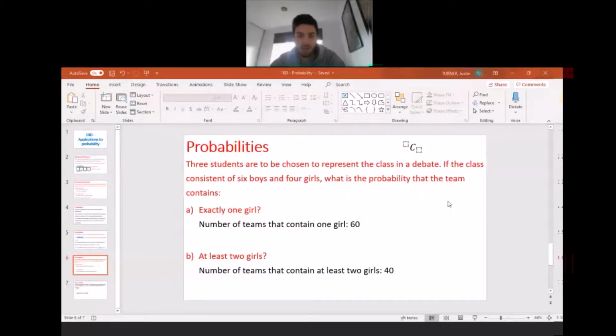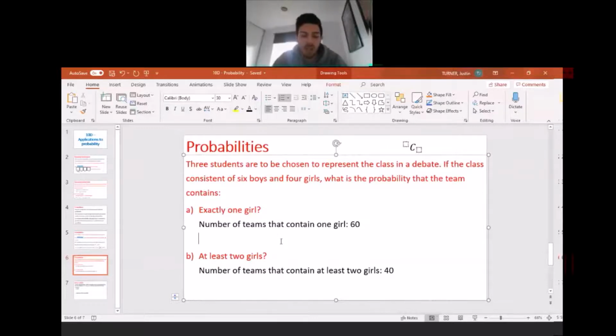Now, coming back to what we just did before, we knew that the number of teams that contain exactly one girl was 60. We worked that out. Let's say we want to find the probability that the team you chose had exactly one girl. So what we want to do is see how many possible teams of 3 you could create. If you have a class of 6 boys and 4 girls, there's a class of 10 you can choose from, and you're choosing 3 students in total.